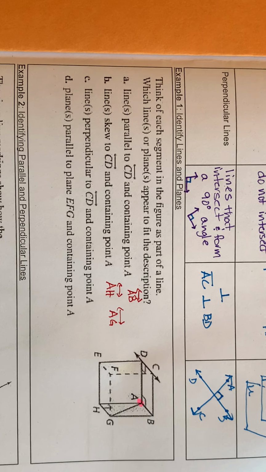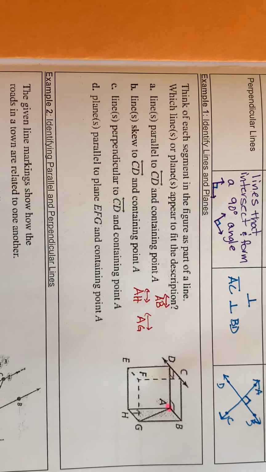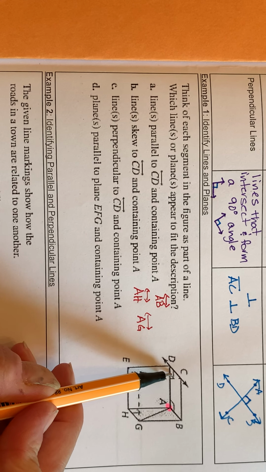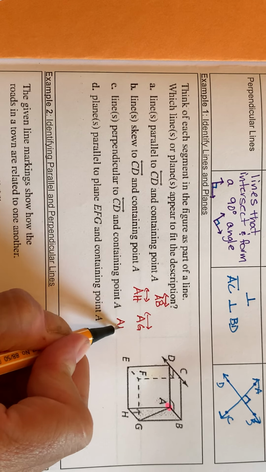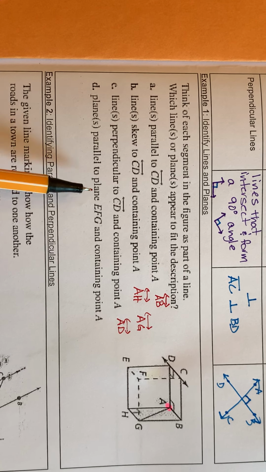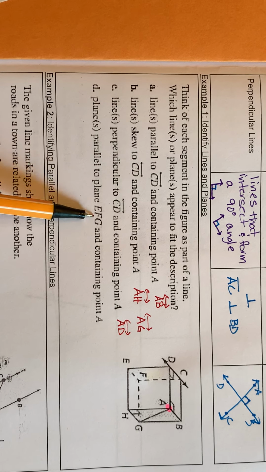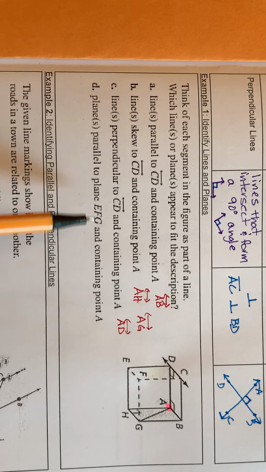Perpendicular to CD, so you can see where that little box is, that tells you that that is specifically a right angle. And if it has to contain point A, the only one then would be AD. And parallel. Another way to name planes is to use three corners, three of the four, any three of the four.